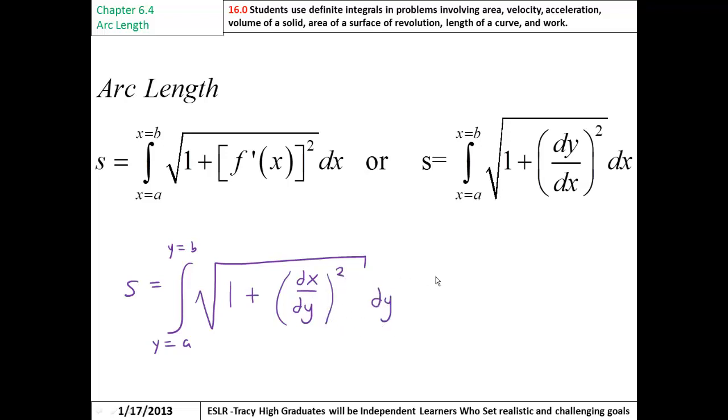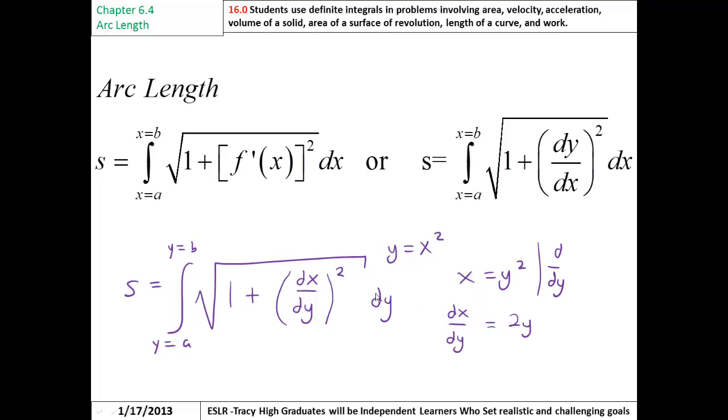Which is kind of odd, but it's like if you had, instead of y equals x squared, you had x equals y squared, then you could take the derivative of both sides with respect to y, and you would get dx dy equals 2y.